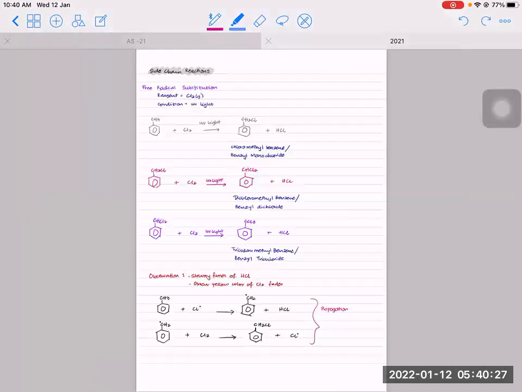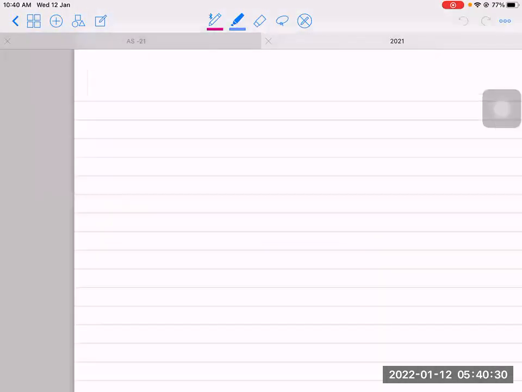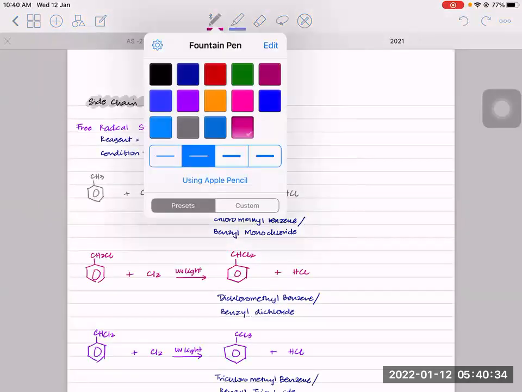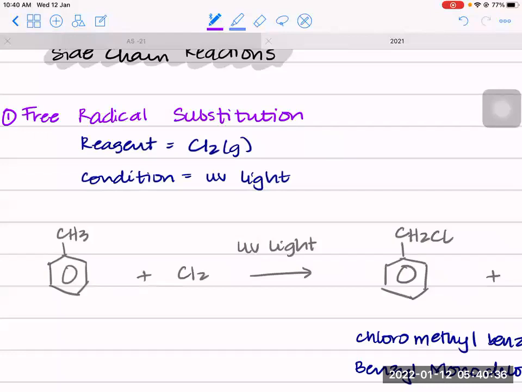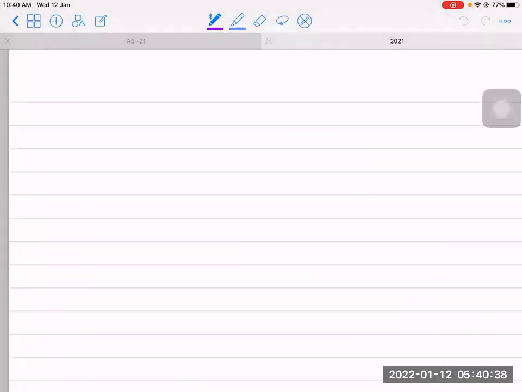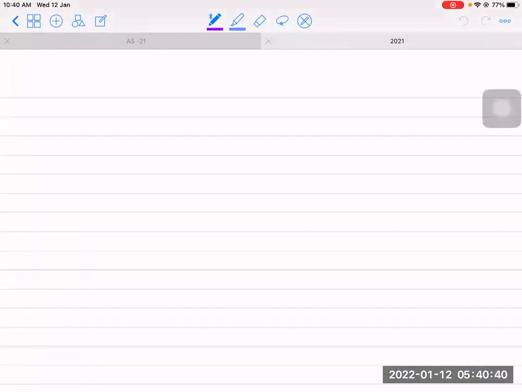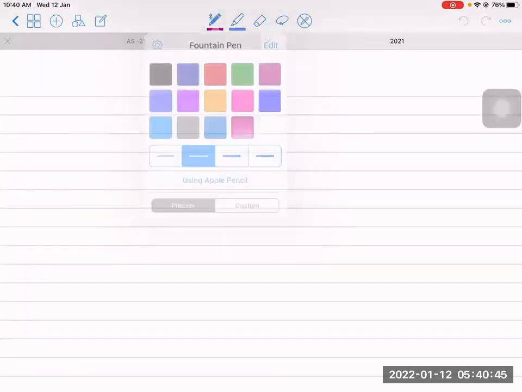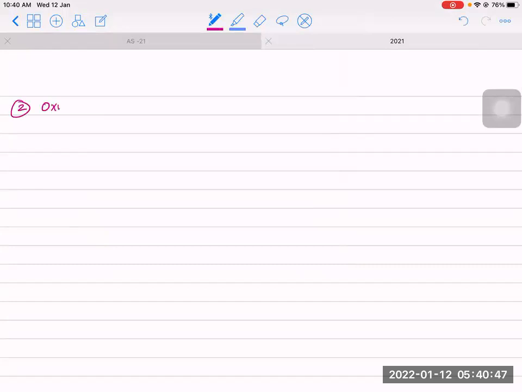Clear? Now, let's see the next side chain reaction. So we did the first one, which was free radical substitution. Now let's see the second reaction we have, that is oxidation. So the second is oxidation with KMnO4.